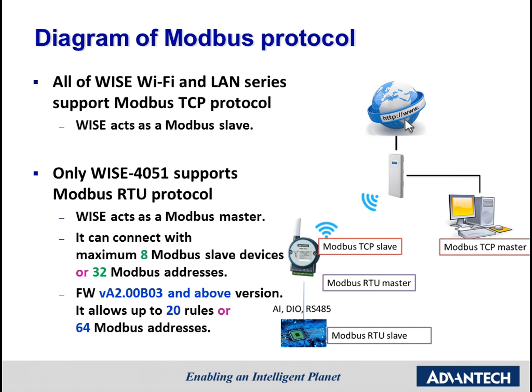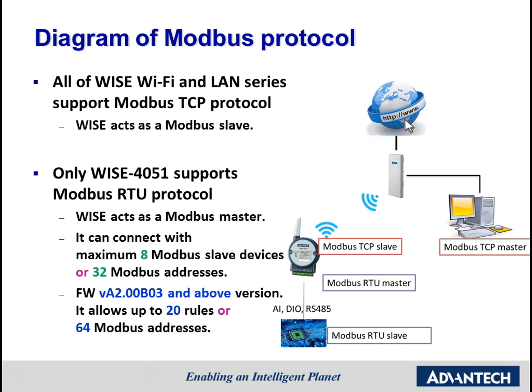All of WISE Wi-Fi and LAN series support Modbus TCP protocol. While using Modbus TCP protocol, WISE acts as a Modbus slave. Only WISE 4051 supports Modbus RTU protocol. While using Modbus RTU protocol, WISE acts as a Modbus master.